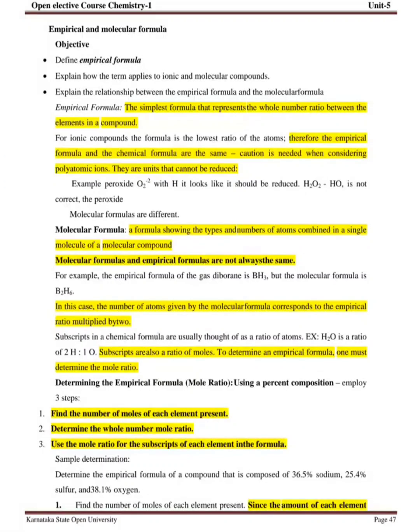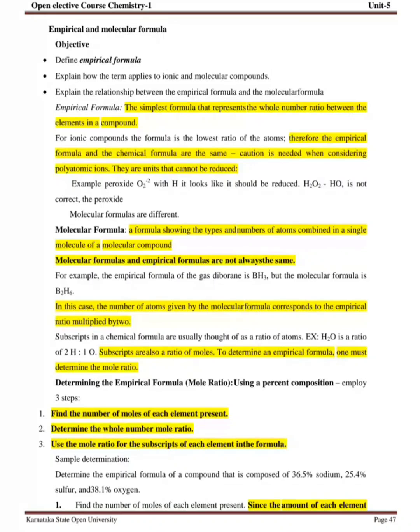The molecular formula gives the exact atoms present and the number of atoms present in the given compound. So the molecular formula for water is H2O. For example, here it is given for hydrogen peroxide.